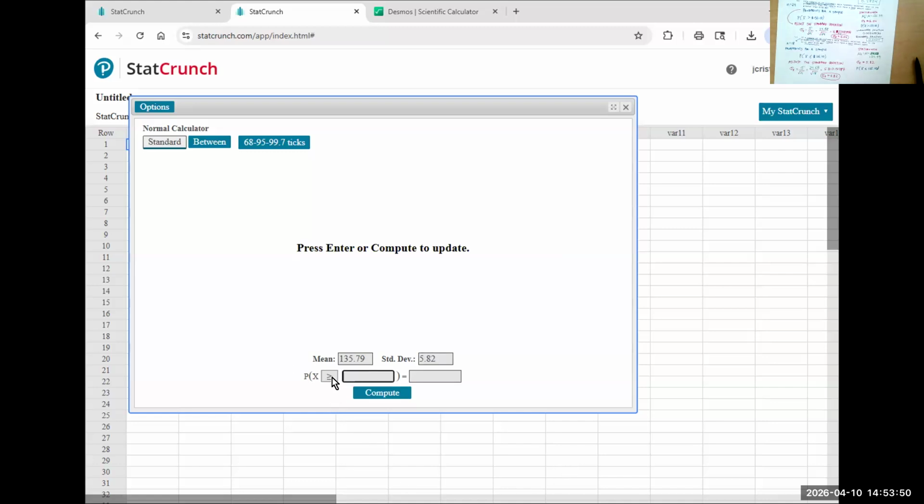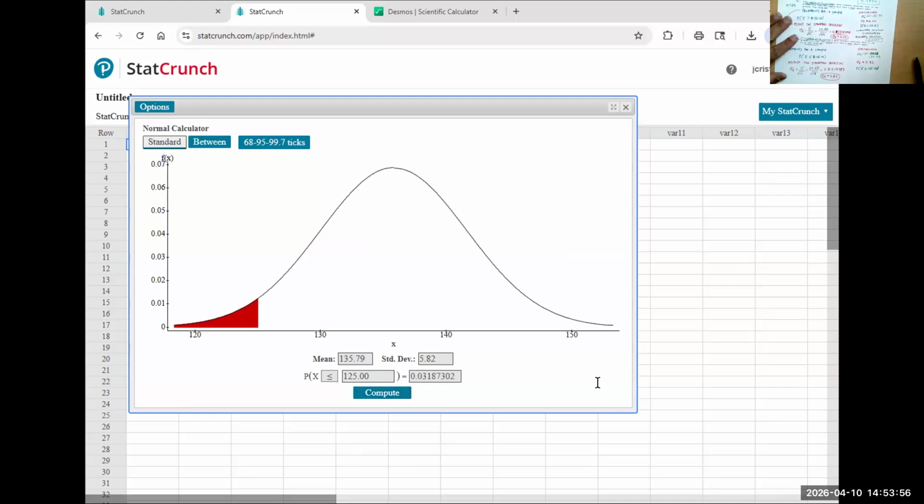We want to be less than, switching that inequality, 125.00, computing, and now we get this unrounded solution, 0.03187302. And then we round to 4 decimal places.